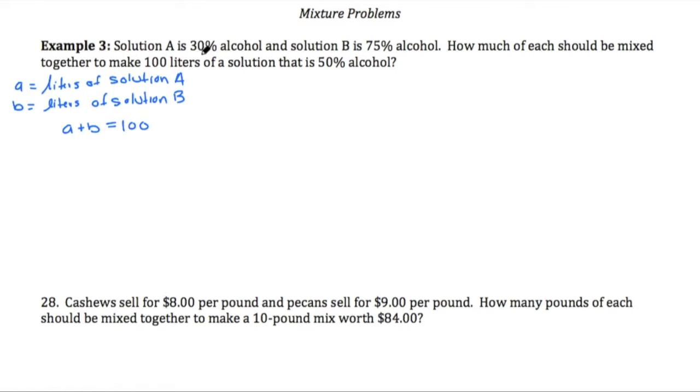So we've got 30% alcohol in solution A and 75% alcohol in solution B. So if we compare that to where we want to get in the final answer, we notice that 50% is 20 away from solution A, but 25 away from solution B. So the final answer is closer to solution A. So that should lead us to recognize that we're going to need more of solution A than solution B. So in our final answer, hopefully we get an A value that is more than half, so more than 50, because that's more than half of our liters.